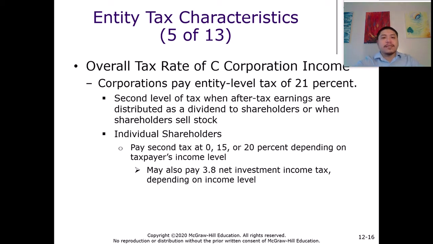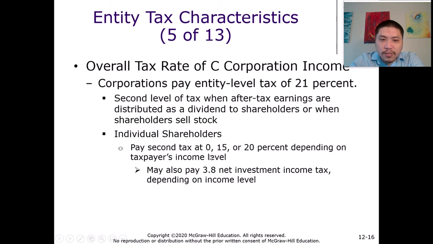And then we have double taxation, because after taxing the corporation, they distribute the after-tax income to the investors as dividends. The investor has to pay tax on the dividend received as well. So that's the second level of taxation. We have the corporate level and then the individual level.